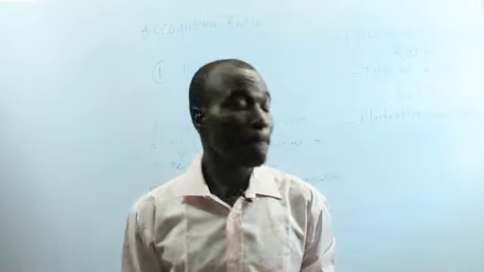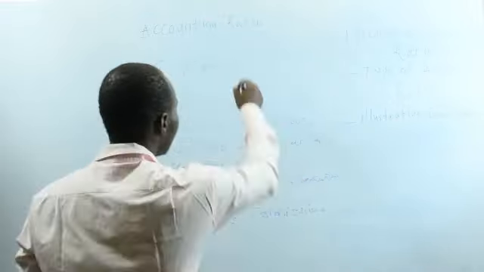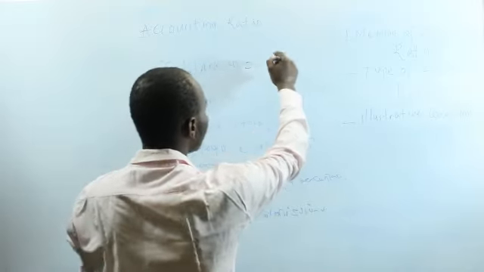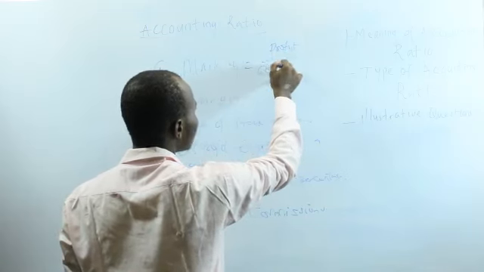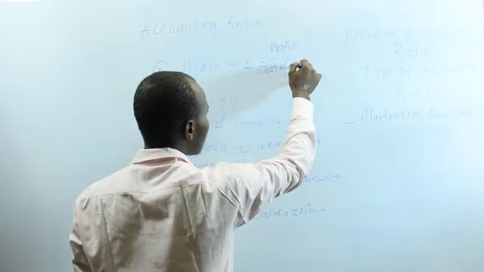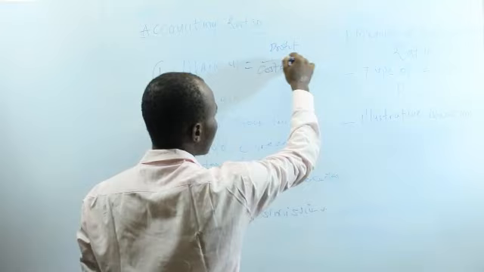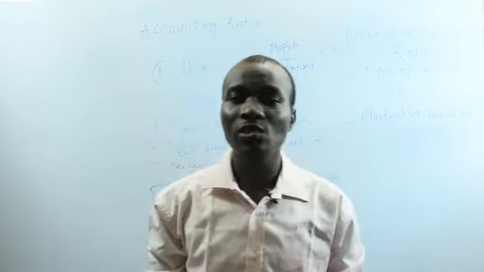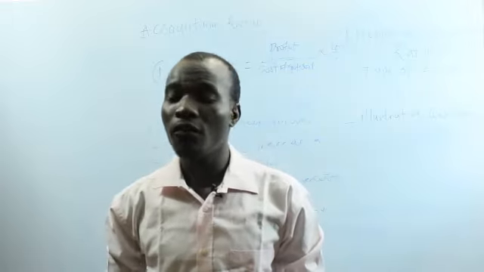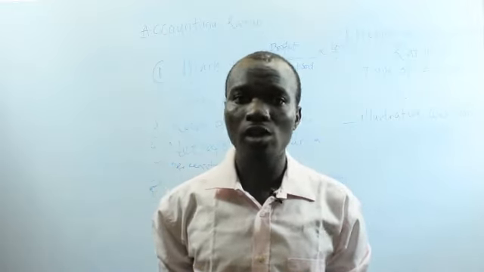That is, markup is equal to profit over cost of sales or cost of goods sold, times 100 over 1. So it is usually expressed as a percentage of cost of goods sold or cost of sales.